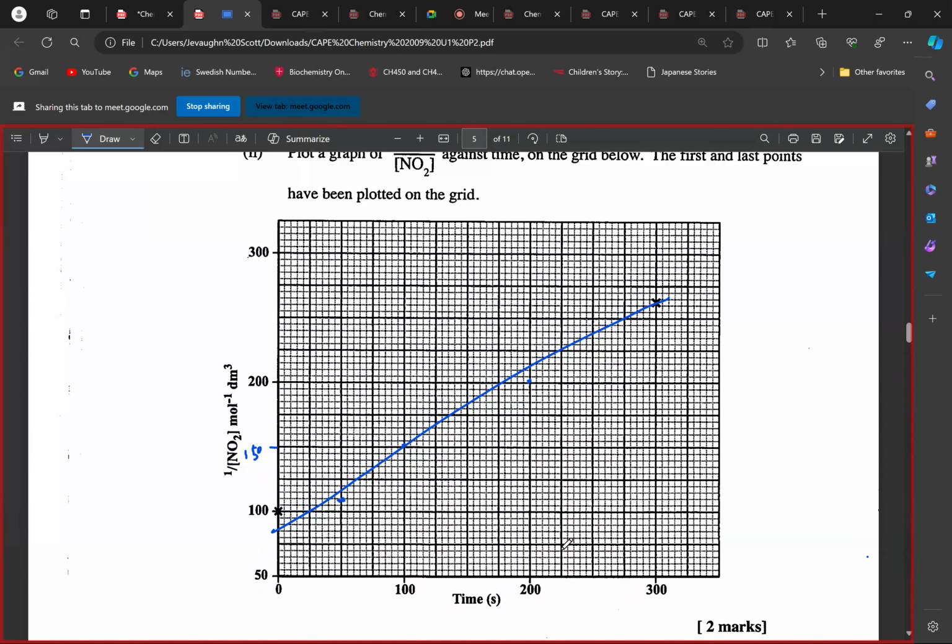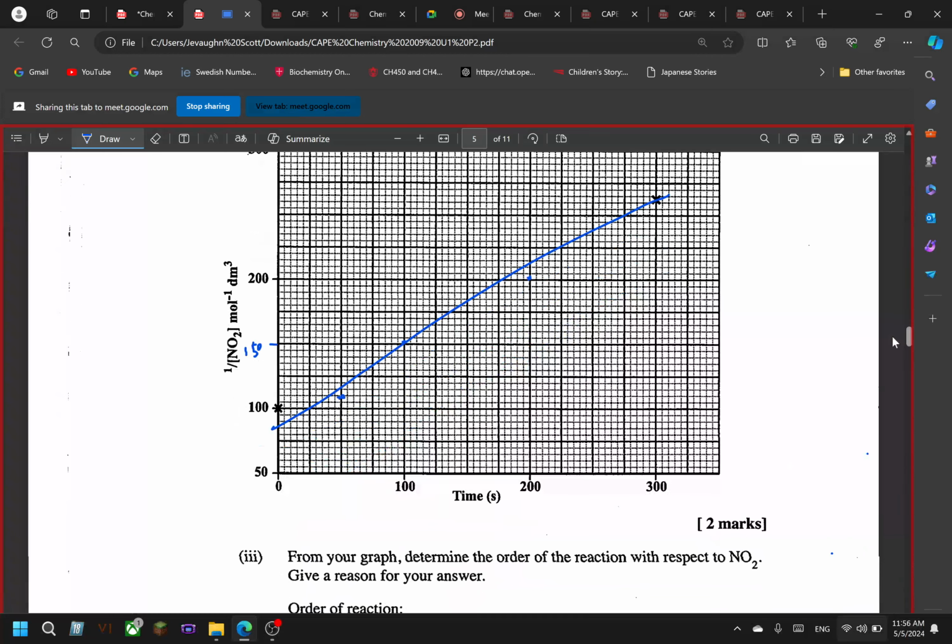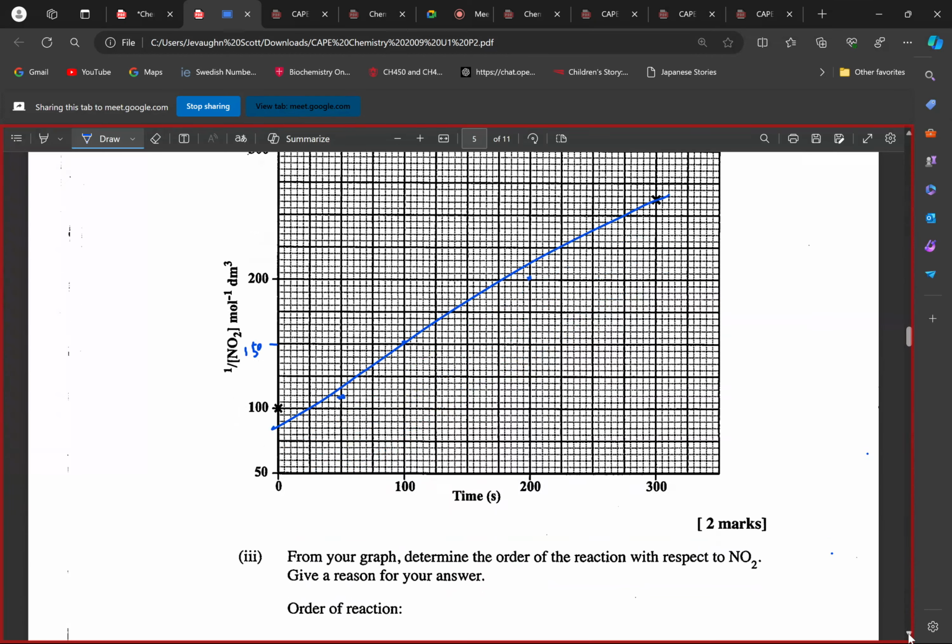So our general rate laws for first order, second order, and zero order reactions, we should know what those are. We should have a general understanding of what those are, right? So in this case, if we use the integrated rate, this would be the integrated rate law for a second order reaction.